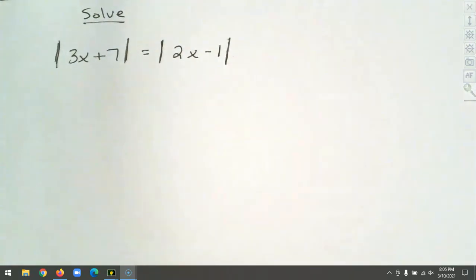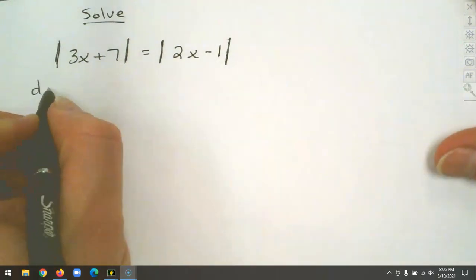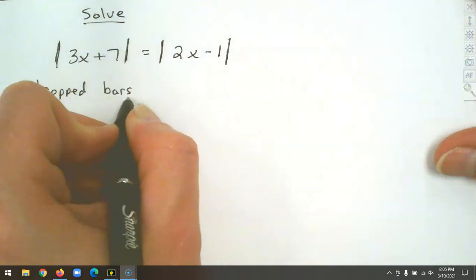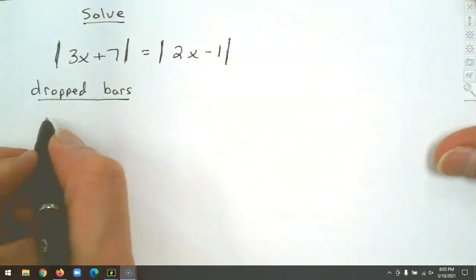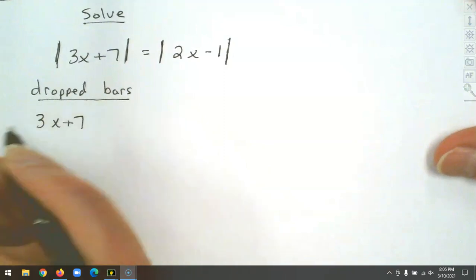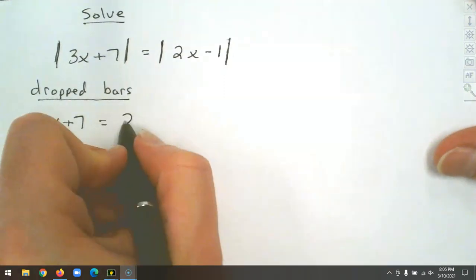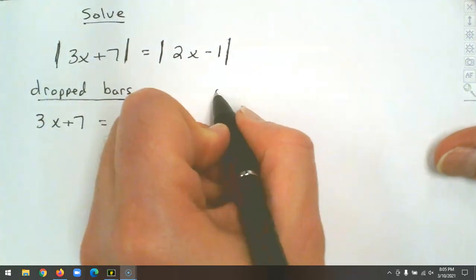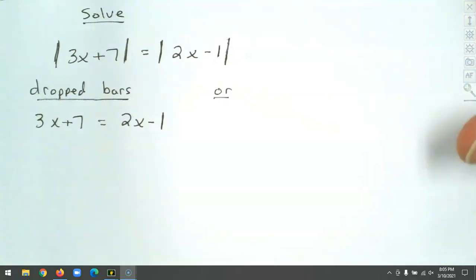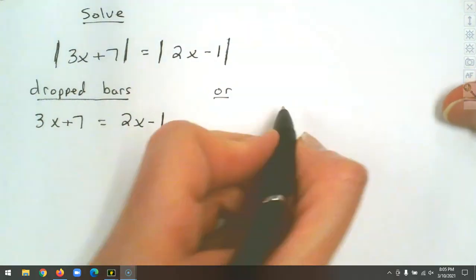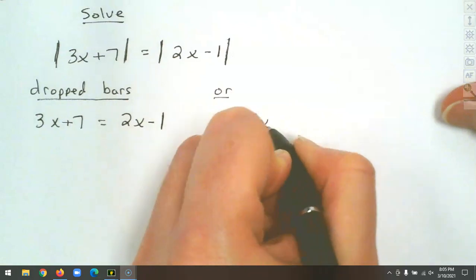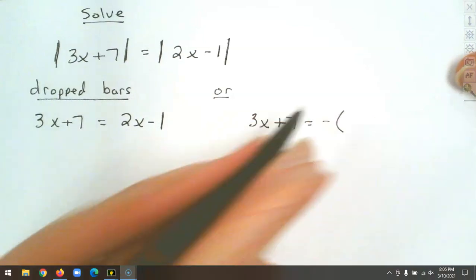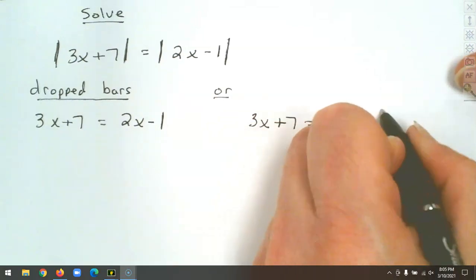Well, the first one, we drop our bars. And when we drop our absolute value bars, what do we get? We get 3x plus 7 equals 2x minus 1. What about the other side? Well, the other one is going to be 3x plus 7 equals a negative parentheses 2x minus 1.